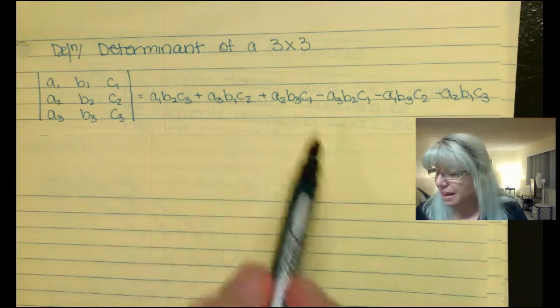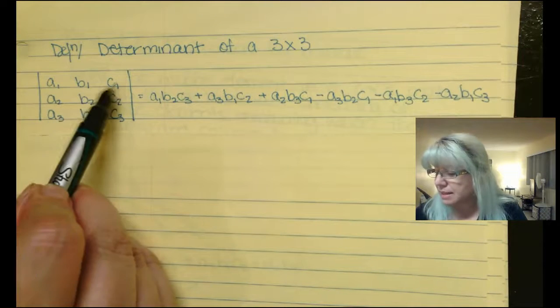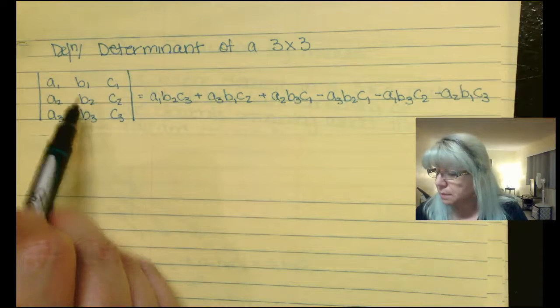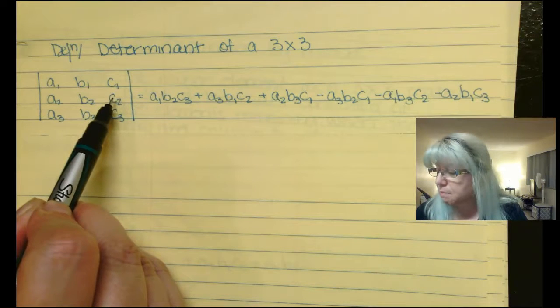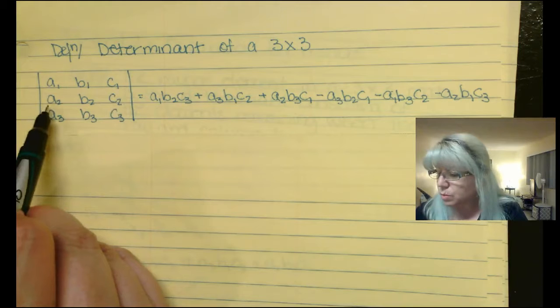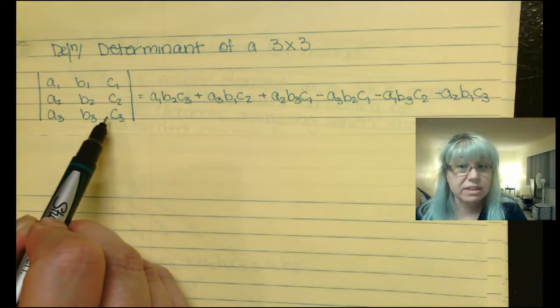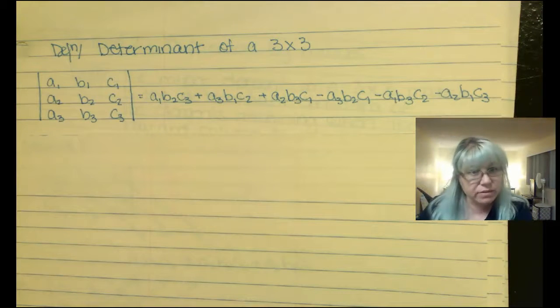A3 B2 C1. That's that diagonal. Then it's minus A1, B3, C2. You can see it gets confusing really quickly. And minus A2, B1, C3. That's really complex, right? There's an easier way of looking at this, in my opinion.